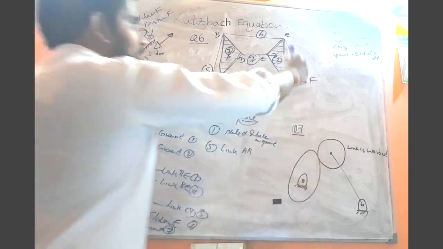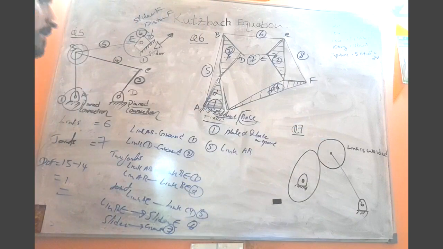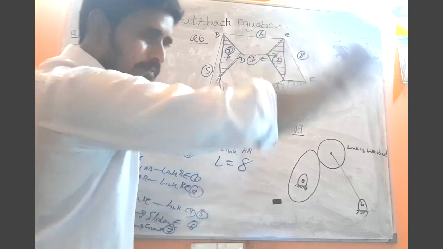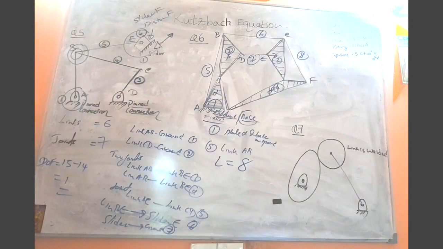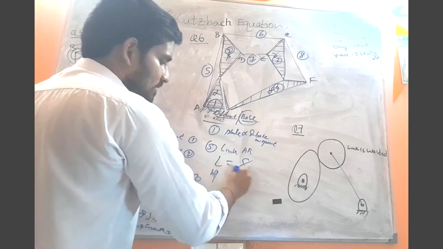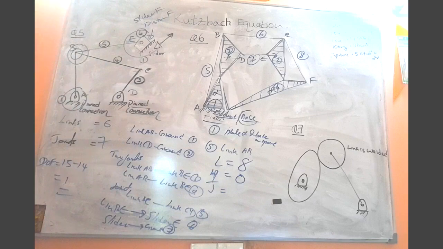Then label number 8 is the link CF. So how many links do we have? L equals 8. Now in this question there are no higher pairs, so H is 0. Now the next question, how many joints do we have? That is the next target.